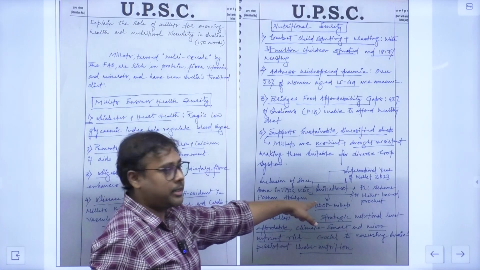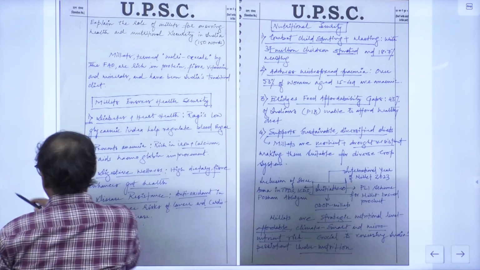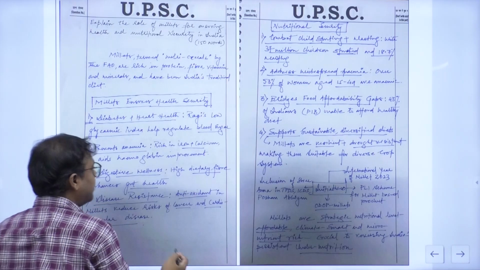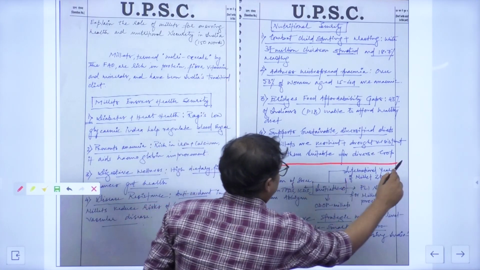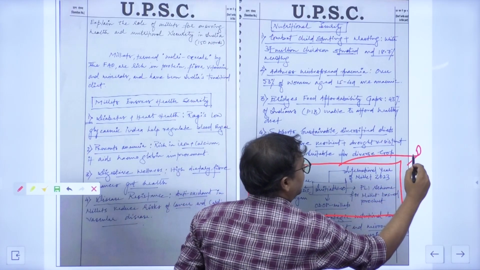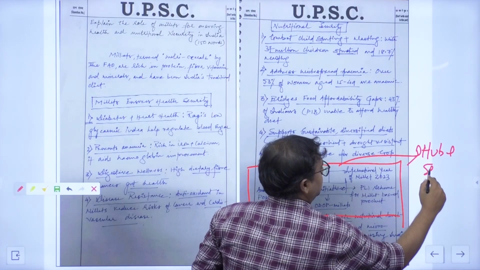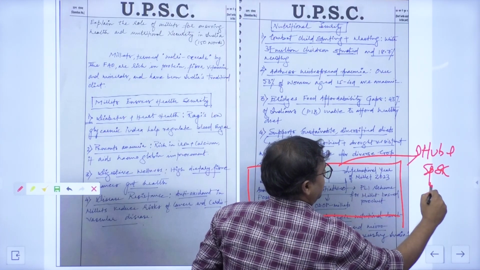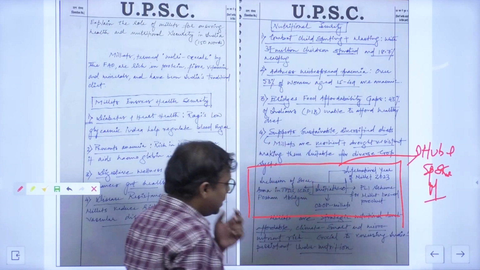Good. So here, look at initiatives, right? This is presented in what format? It is presented in infographic form, like a hub and spoke model.